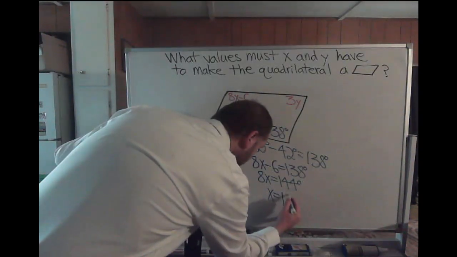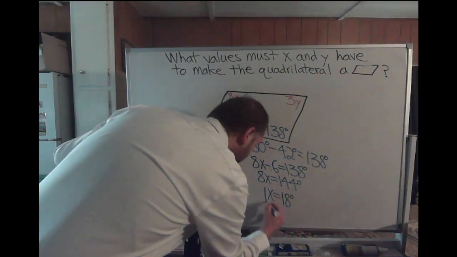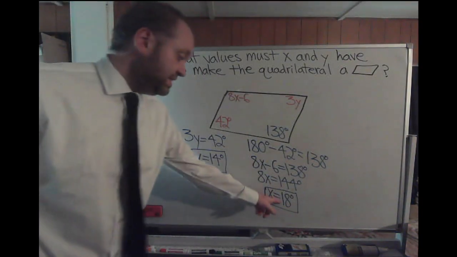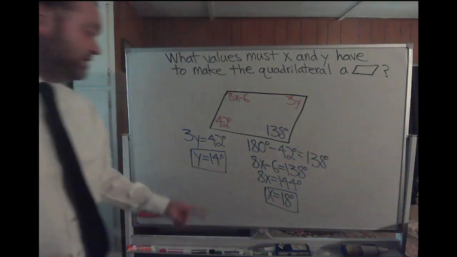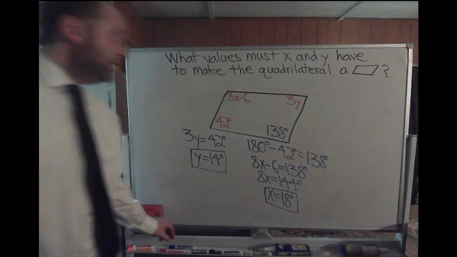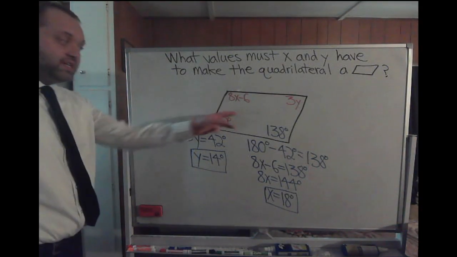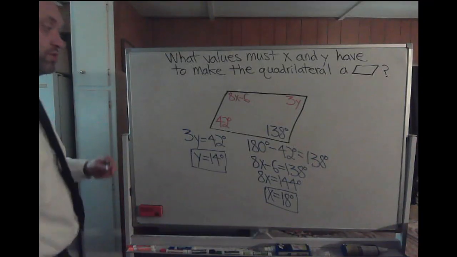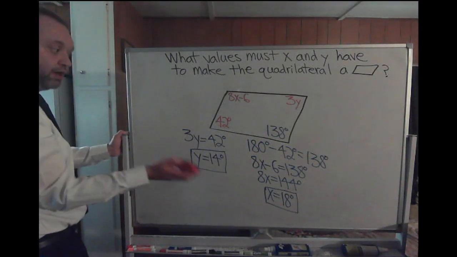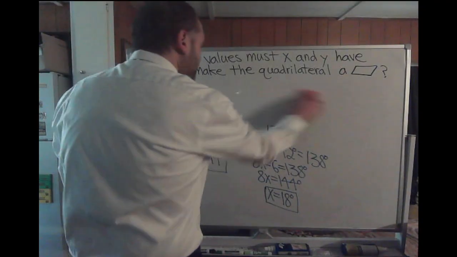So the answers we get for this exercise are that x is 18 degrees and y is 14 degrees. So for these types that we're doing, for this and the next three, you would operate under the assumption that the quadrilaterals are parallelograms to solve for the variables.